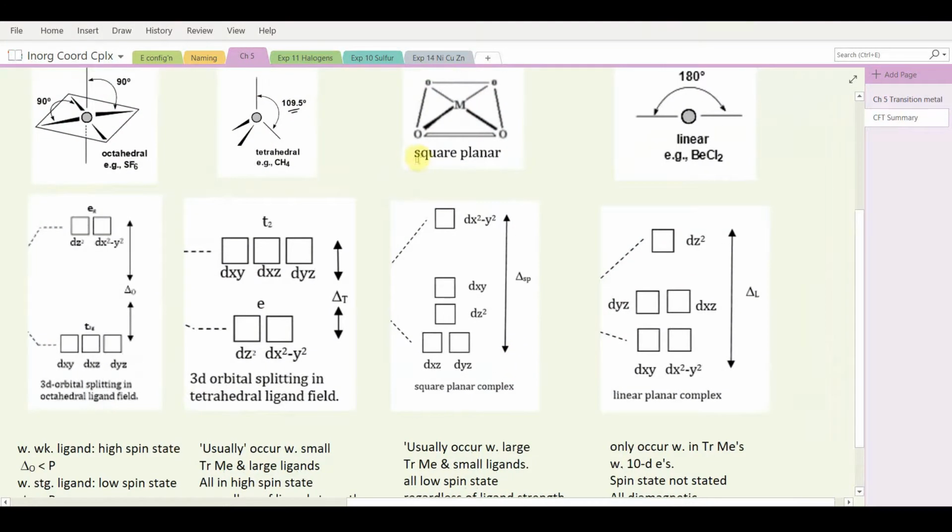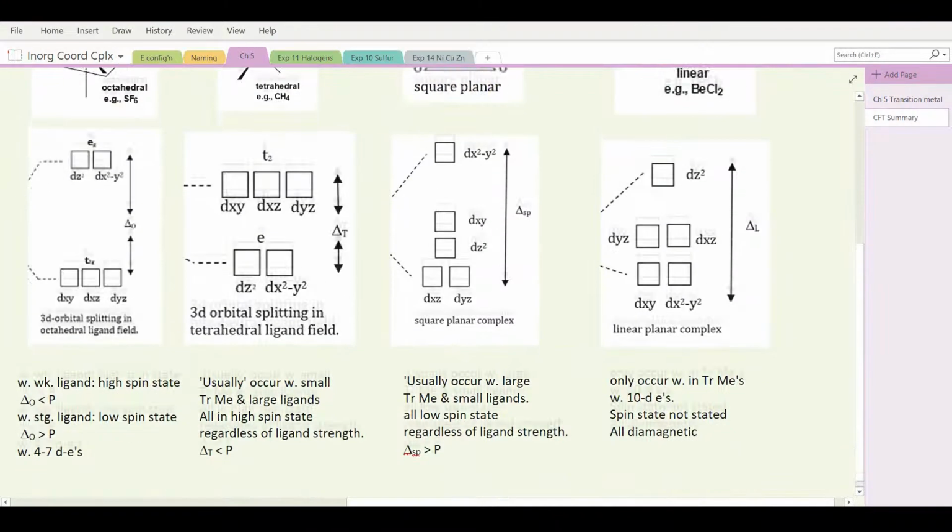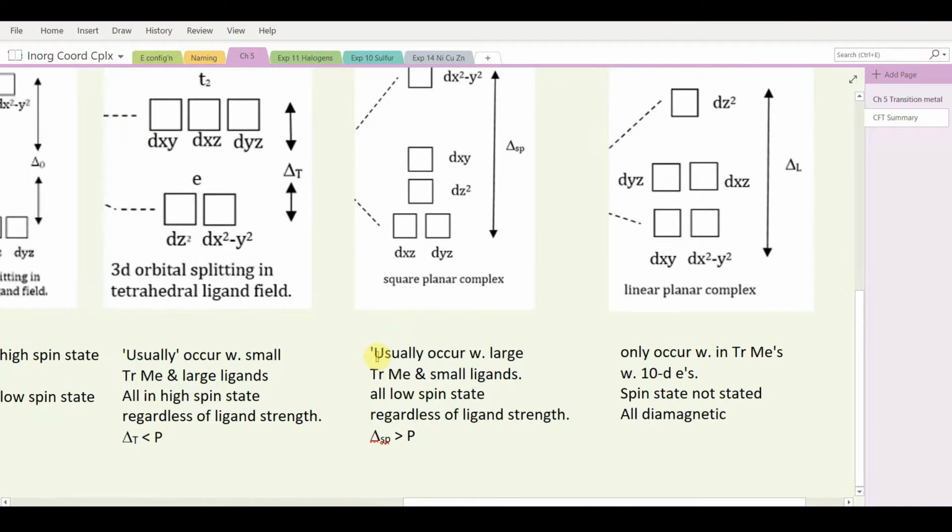In the case of a square planar 4-coordinate transition metal complex, this usually occurs, and I say usually in parentheses, with large transition metals and small ligands where space constraints are relaxed. All result in a low spin state, regardless of the ligand strength, because the square planar field splitting energy is relatively large compared to the pairing repulsion.